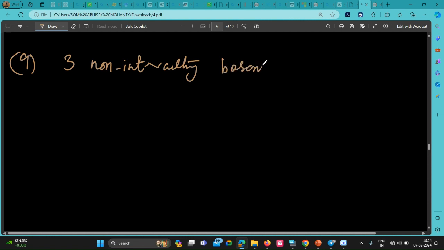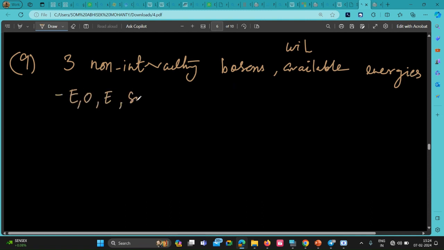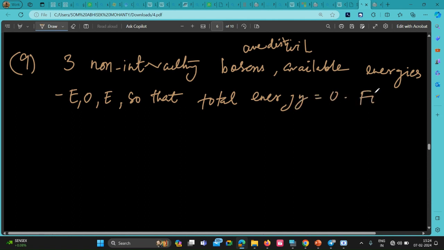Three non-interacting bosons are distributed among available energies minus E, 0, E, so that the total energy is equal to 0. Find the entropy of the system.